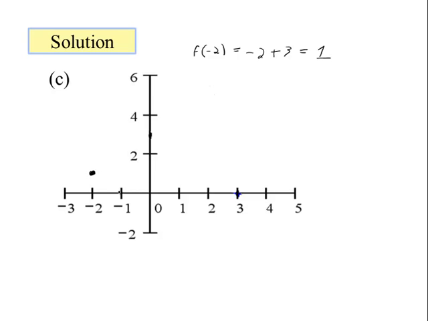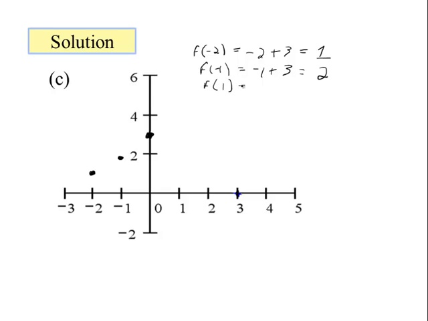When x is -1, we have -1 plus 3, which is positive 2. So when x is -1, f of x is 2. When x is 0, we can see that this is 3. So the y-intercept is 3.